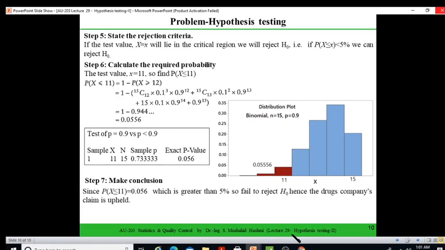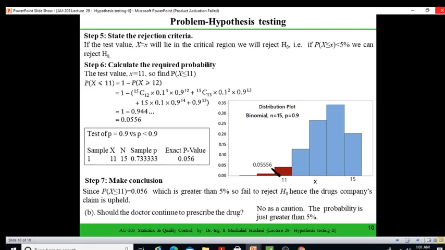In the last part, we need to find out whether the doctor should continue to prescribe the drug, because it has become effective. We have seen that the p-value is greater than 0.05, but only slightly greater. So as a caution, we can suggest that it is not a very strong value. The doctor is not going to suggest this drug, because the sample suggests 11.